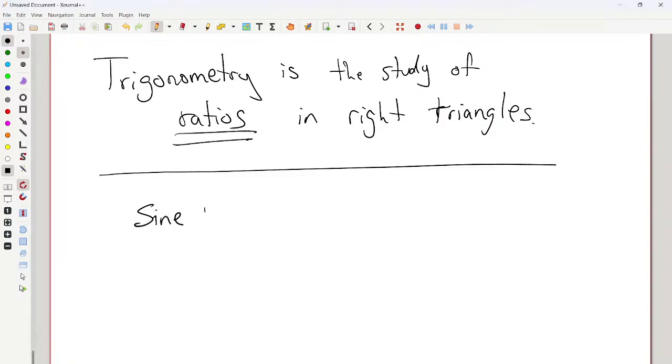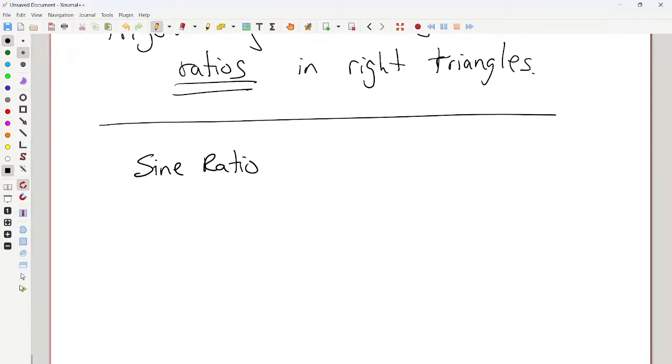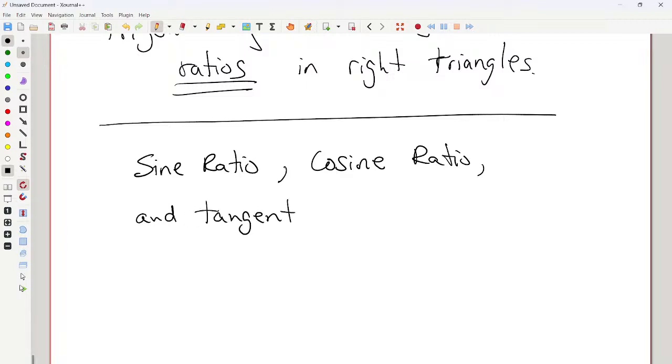The sine ratio. The cosine ratio. And the tangent ratio.